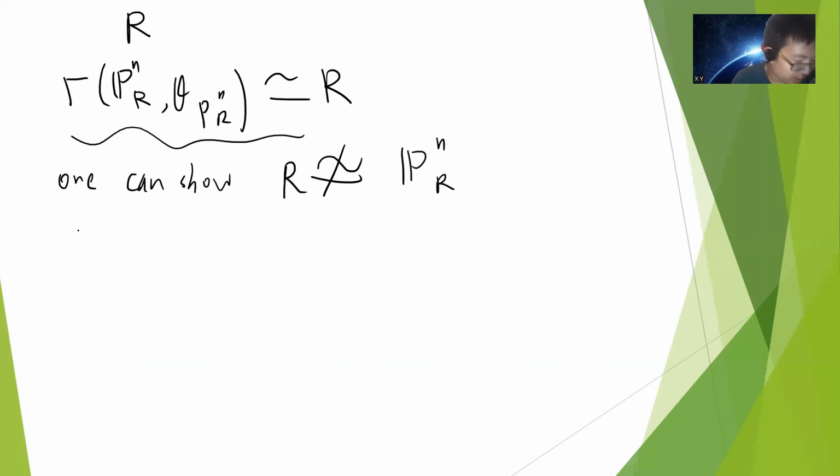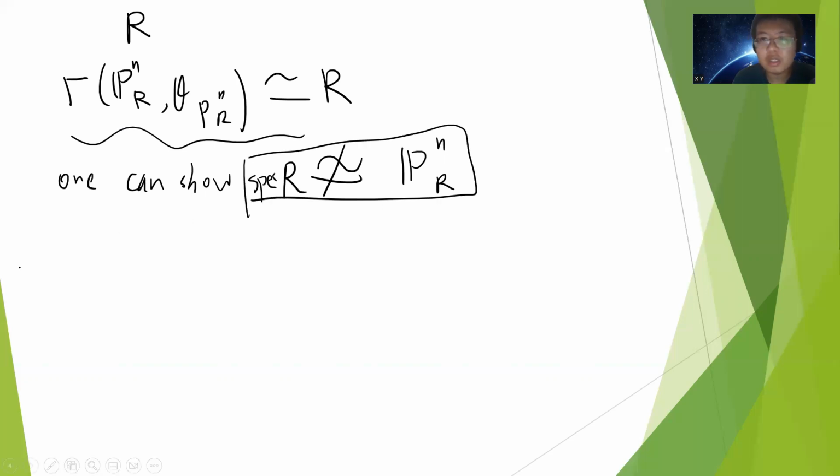Okay, the reason is that Spec R cannot be isomorphic to P^n_R as a space.